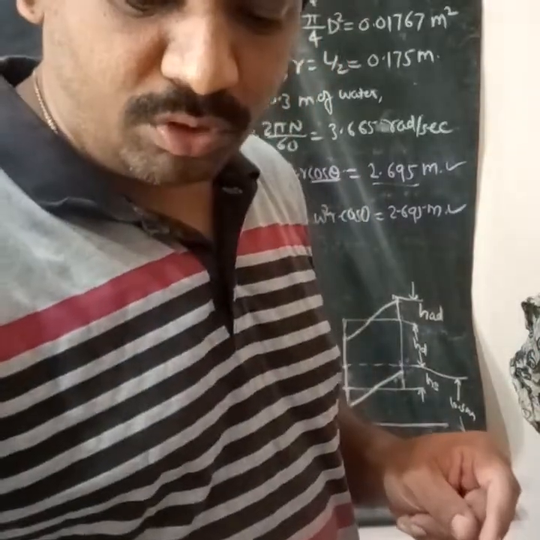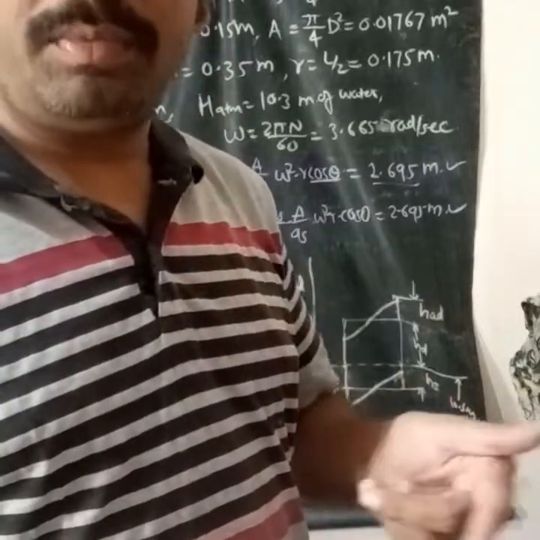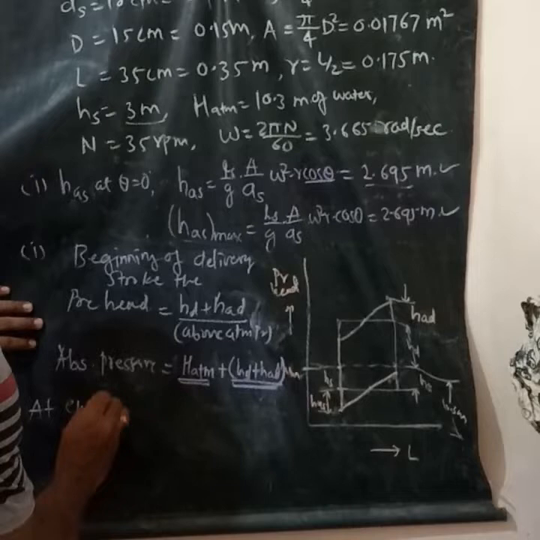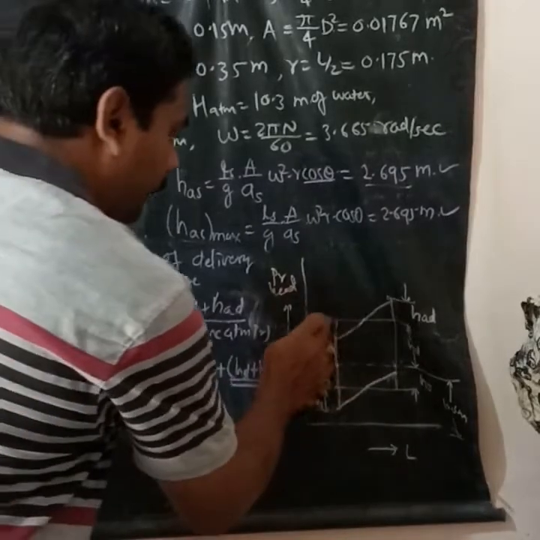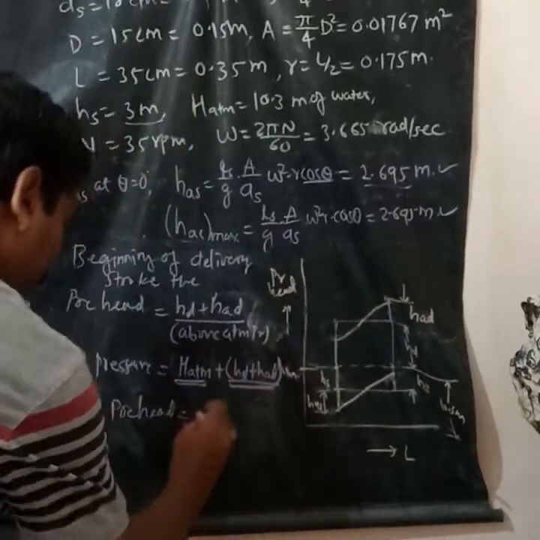And at the end of the delivery stroke, the pressure head will be equal to HD minus HAD.